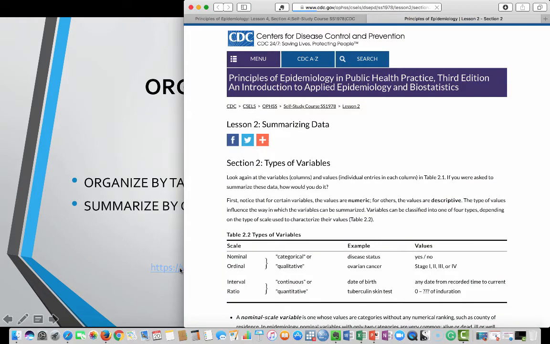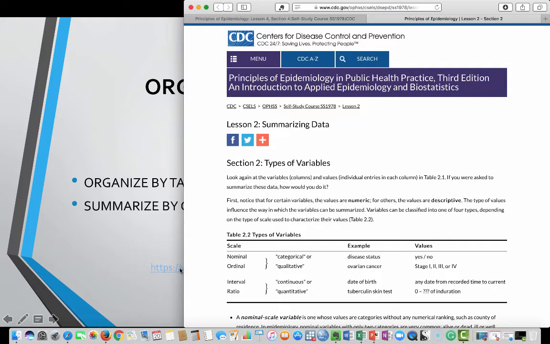So if you go to the CDC website here, as you can see, there are different types of variables. By now, you should be well versed with nominal, ordinal, interval, and ratio. And this site gives you a really good overview of how it's divided. It's either qualitative or quantitative. Another way to see it is categorical versus continuous.